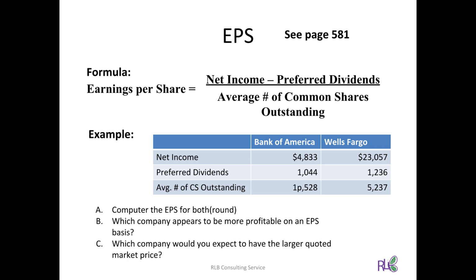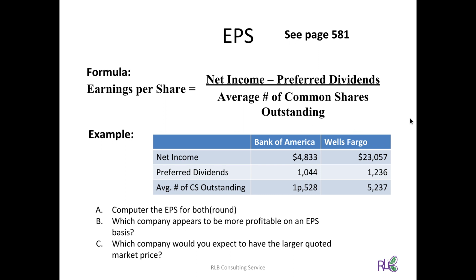You need to understand why you're doing it, how to calculate it, and the impact on it. So if you read page 581, as you calculate this, you will learn that Wells Fargo has a higher EPS, and that they more than likely have a higher quoted market price just because they are earning more per share, based on the fact that their net income is very high.